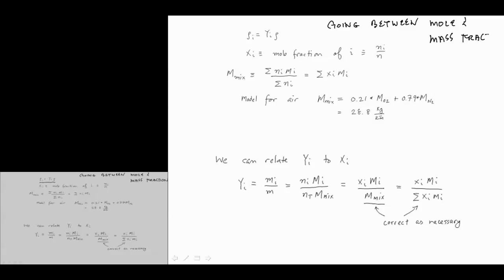When we think about the mixture molecular weight, it's going to be the total mass divided by the total number of moles. So it's going to be the individual moles of i times the molecular weight of species i, divided by the total number of moles. And so we clearly show that that's simply sigma xi Mi.